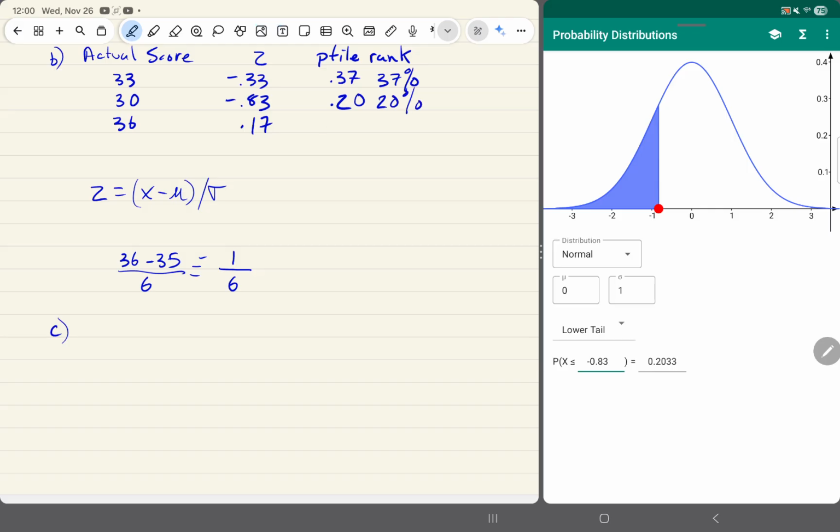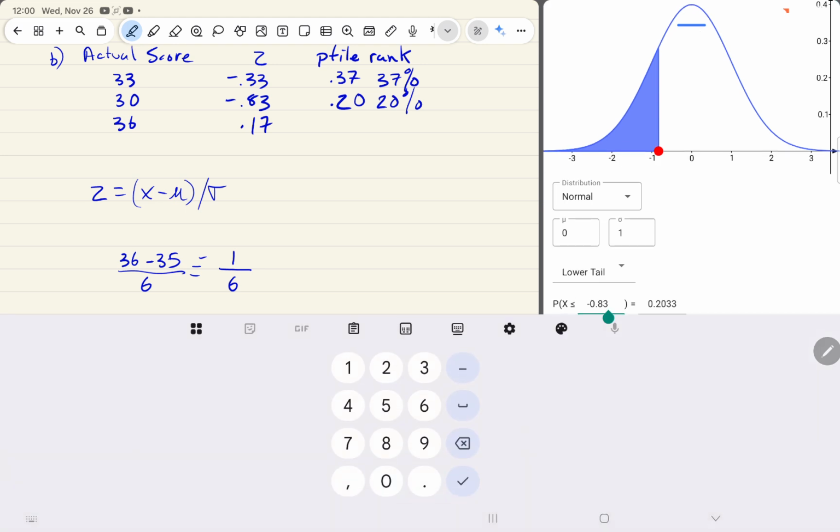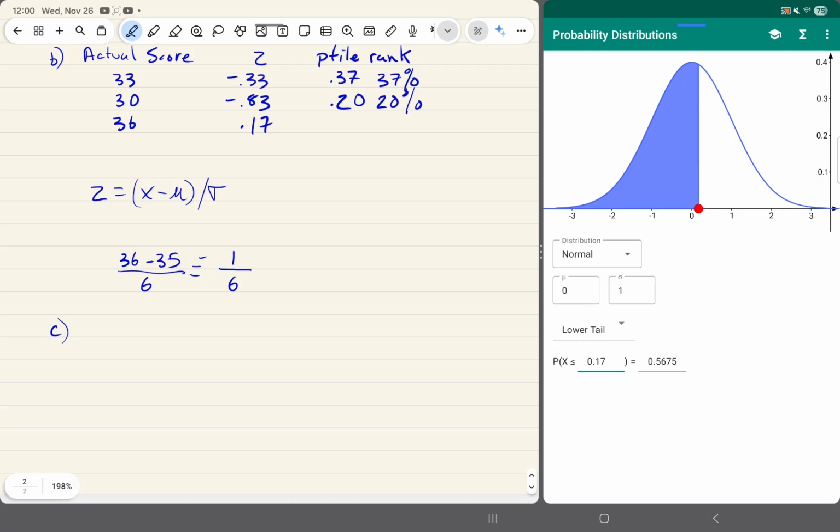And the last one that I did, you'll be doing all 15, that was 0.17, and again, we'll call it 0.57. We'll round that, and that gives us about 57%.